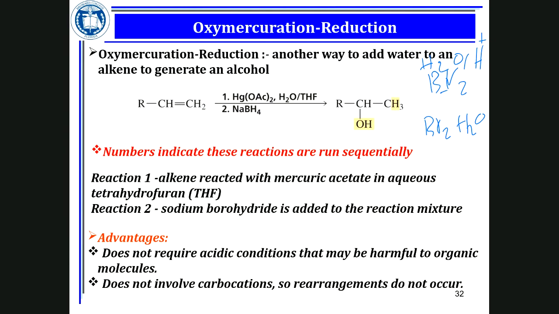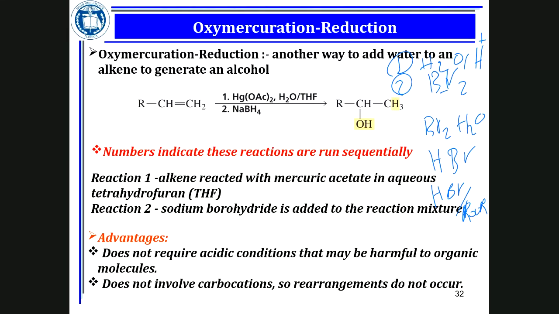We also talked about the addition of HBr directly, which is Markovnikov, and HBr with peroxide, which is anti-Markovnikov.